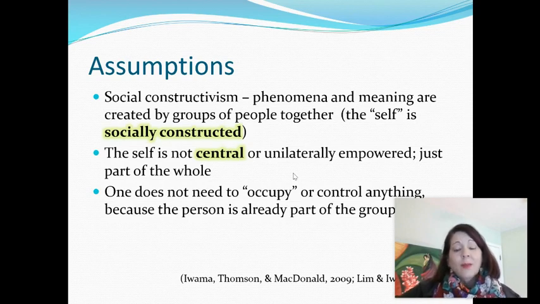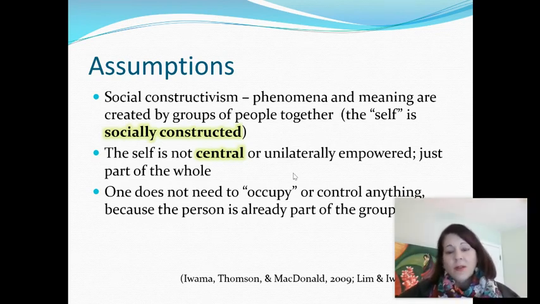The self is simply part of the whole. This also changes the idea of occupation, in that one doesn't need to occupy or control anything because the person is part of the group. So being one with the group or part of the milieu or the cosmos is very important within this Eastern way of thinking.